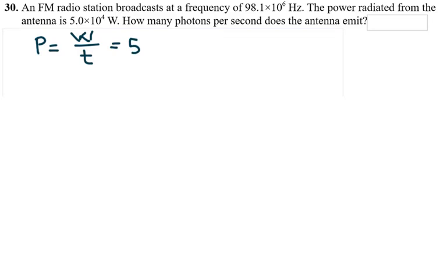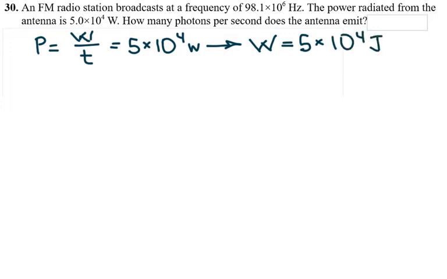So that one is 5 × 10^4 watts, which means it produces the work of 5 × 10^4 joules each second. I'm just going to remember that this happens per second.